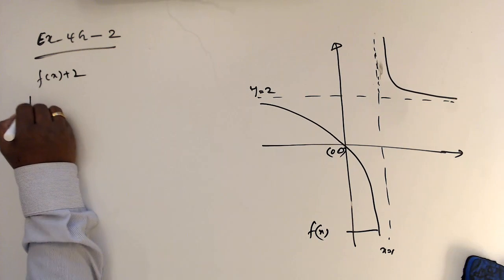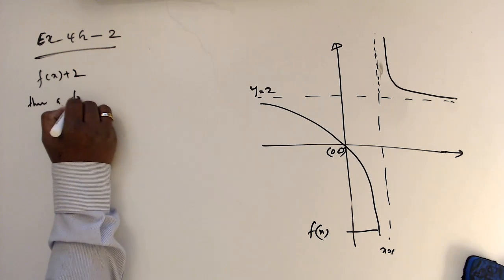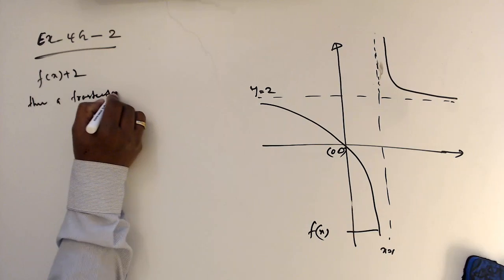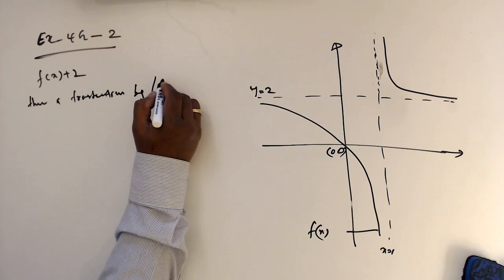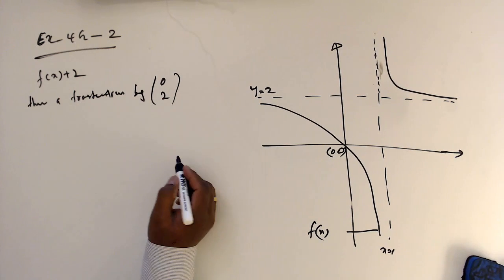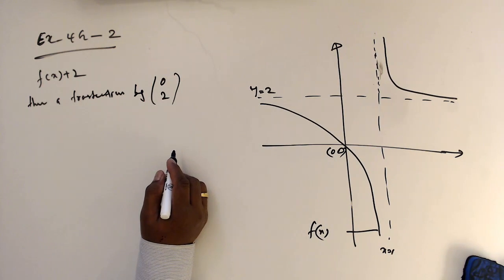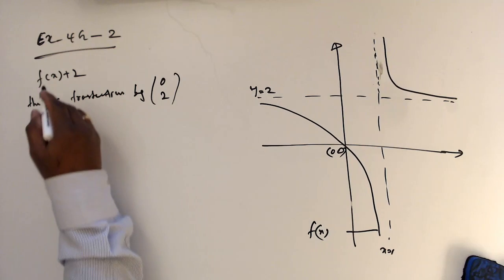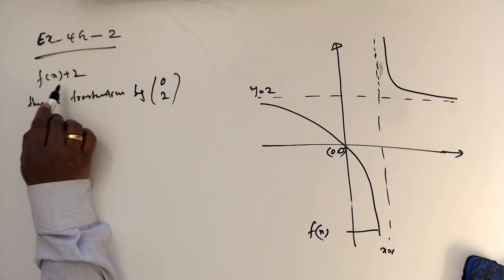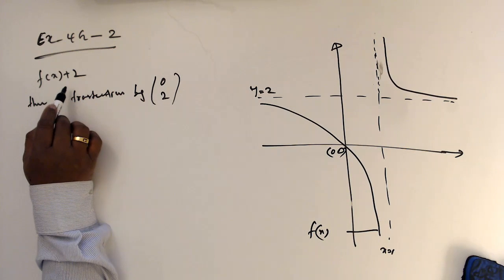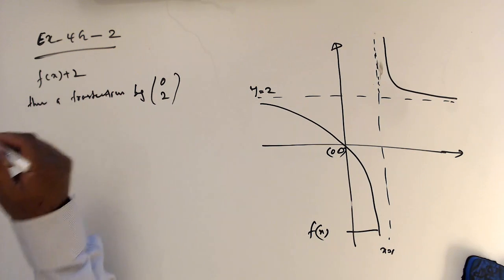Then we know this is a translation by (0, 2). It means we have to shift all the y values by 2.